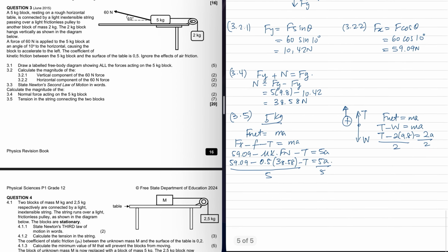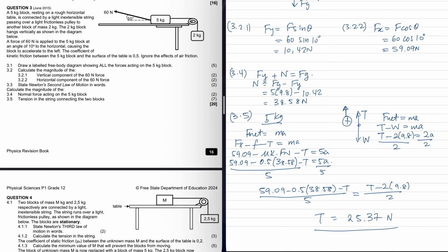Now we can equate them. So 59.09 minus 0.5 into 38.58 minus T all over 5 is equal to T minus 2 into 9,8 all over 2. And the only thing we don't know is T. We can then solve for T, and T is thus equal to 25.37 newtons.